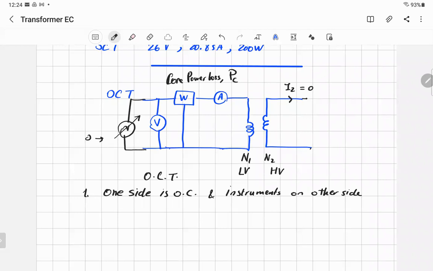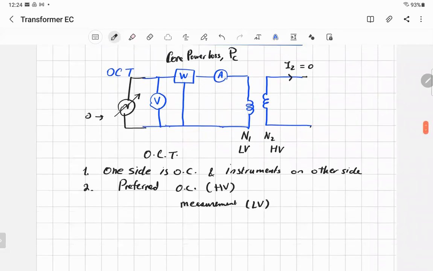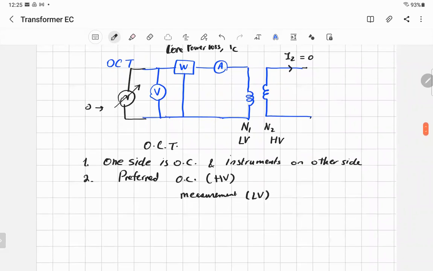So it's preferred that the open circuit will be on the high voltage side and the measurement on the low voltage side, and that's the reason: low voltage is enough to obtain the rated flux in the core.